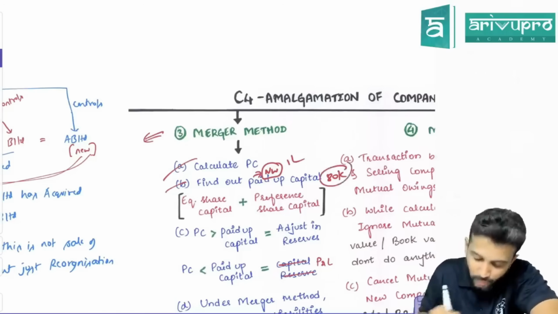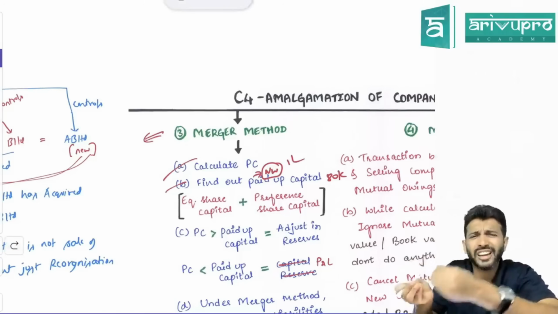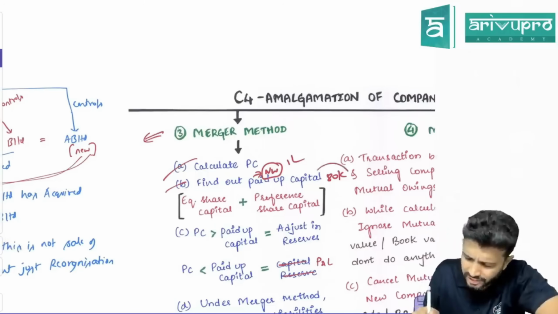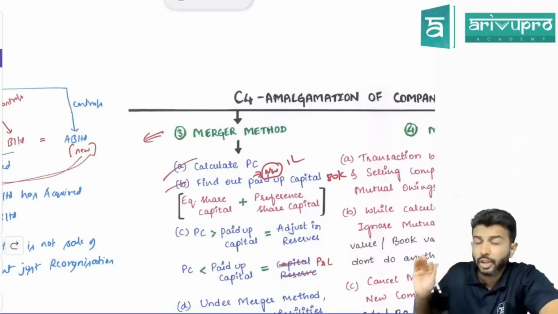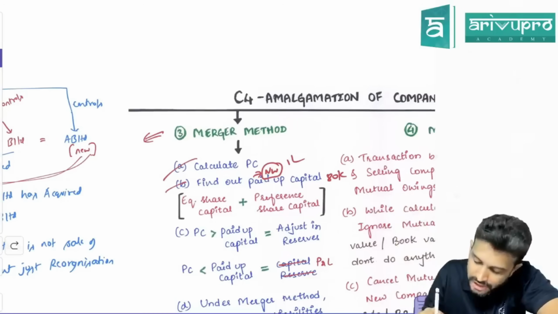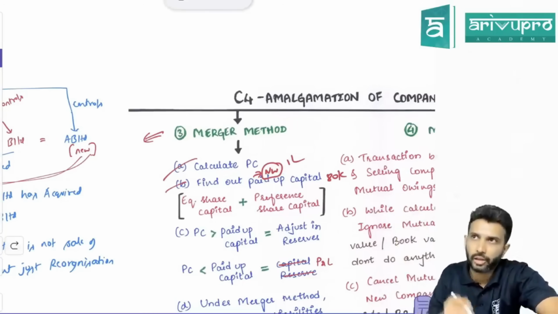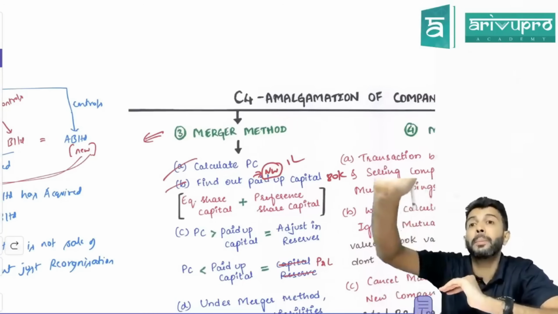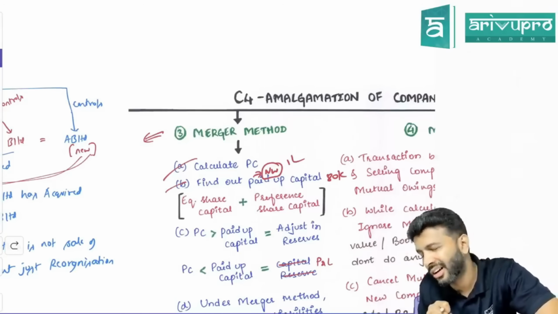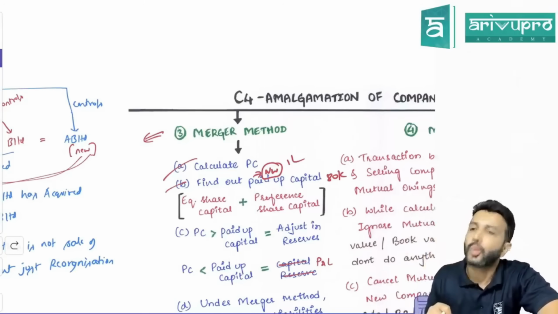So how much was the worth? 80,000, because this 80,000 is the only component which the new company has not taken over. So ideally for 80,000 worth, you should have paid only 80,000. But how much did the new company pay? 1 lakh. So for 80,000 worth of business, the new company paid 1 lakh. So did the new company make a profit or a loss? Loss. How much loss? 20,000.